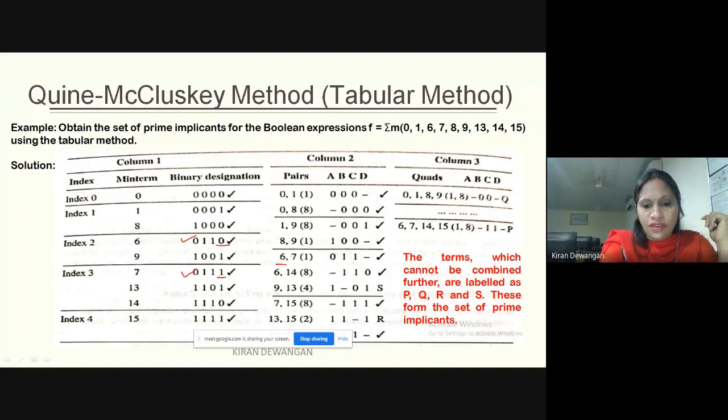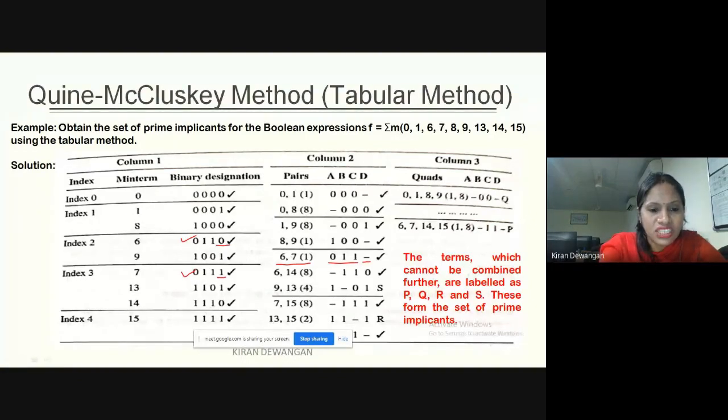So 6, 7 forming a pair. 0, 1, 1 are the same bits, and this is the differing bit which is replaced by a dash. Clear? So 0, 1, 1 is taken as it is, and the differing bit is replaced by a dash.